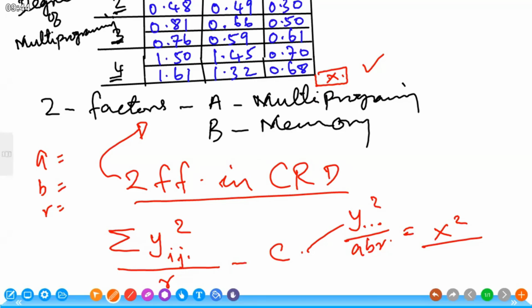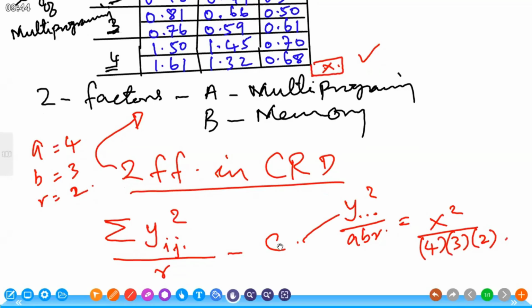Two replicates. Yes, good. A is actually 4, B is 3, R is 2. So here you'll have to divide by 4 into 3 into 2. So that is the correction factor.